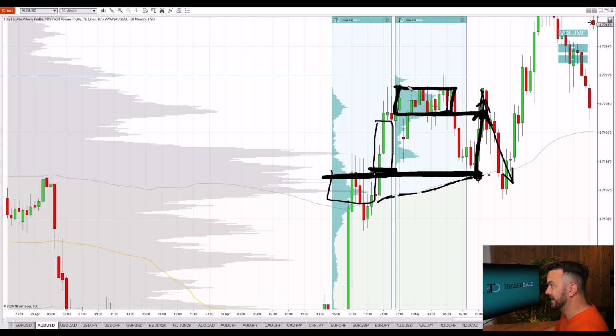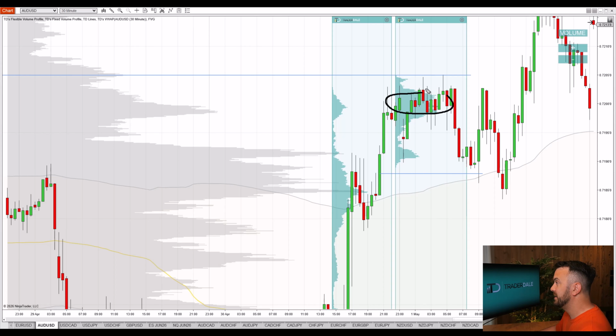I wasn't trading this heavy volume zone. I wasn't so sure about this trade, so I did not take a short from there. Retrospectively, yeah, it would be another good reaction and another winner. But I didn't take it. I only took the short from here and then the long from here.